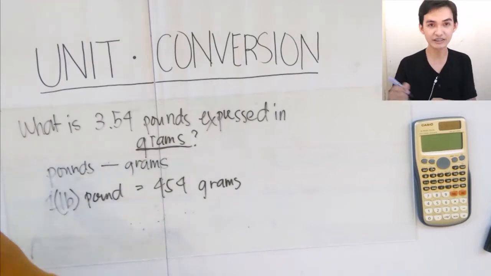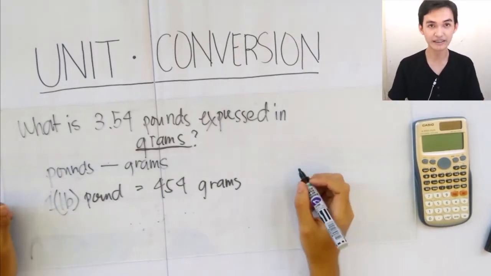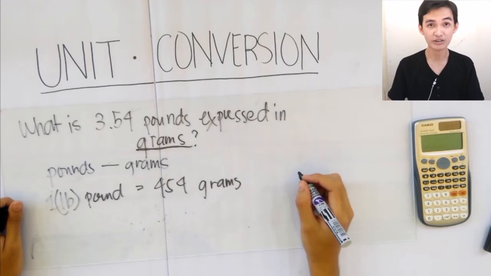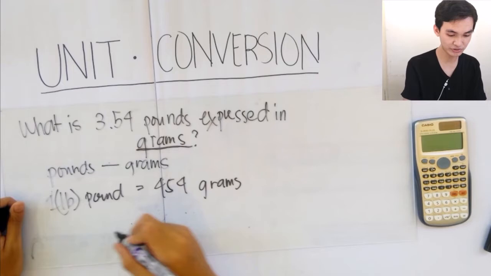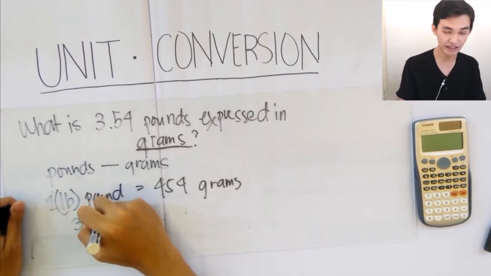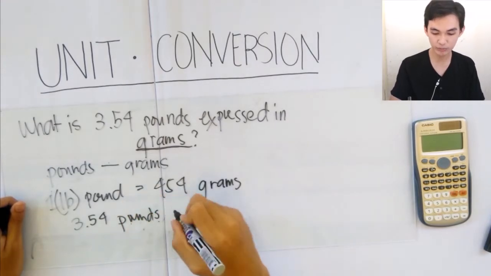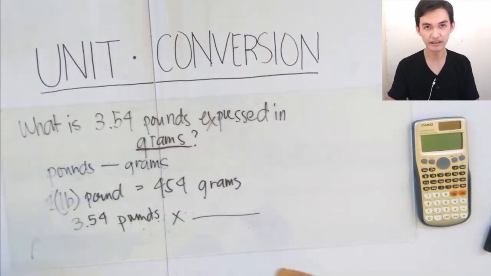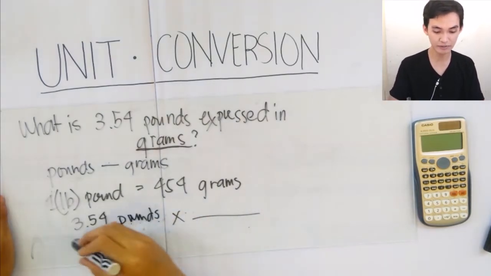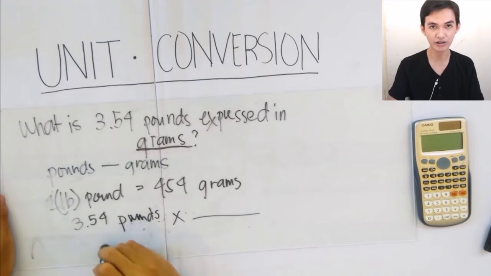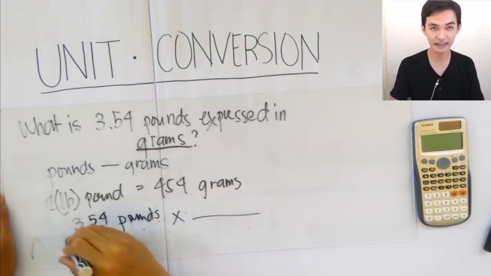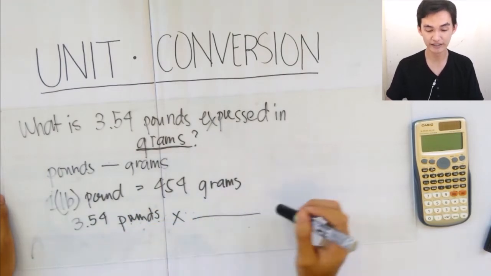The next thing you might consider is to write the equation in fraction form. First, you must write the given of the problem, which is 3.54, and don't forget the unit is pounds. And we will multiply it by the other fraction. As our math says, there is an imaginary denominator 1 here, and we will not write it because it is understood that there is a denominator of 1 in this term.